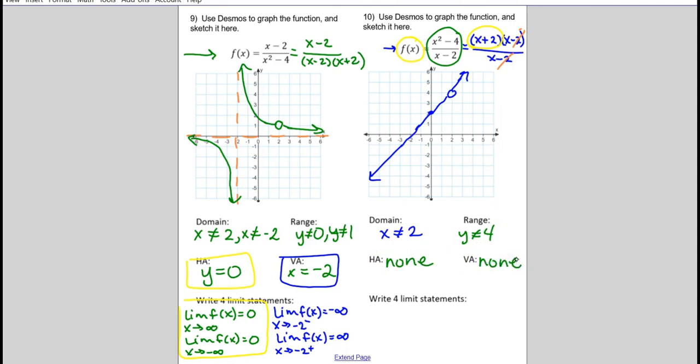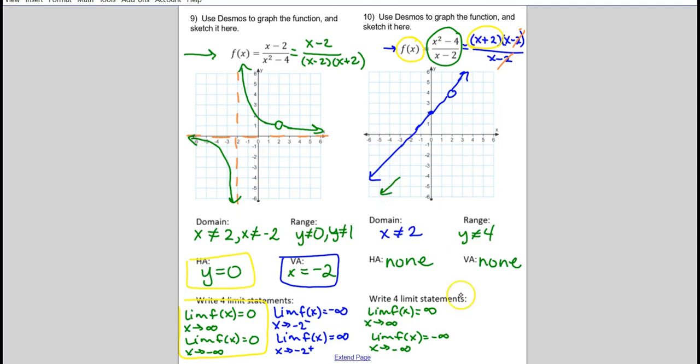In terms of limits, we could still write the limit of f of x as x approaches infinity, and that would be infinity. Notice it just keeps going up. And the limit of f of x as x approaches negative infinity would be negative infinity. Notice the graph just keeps going down.